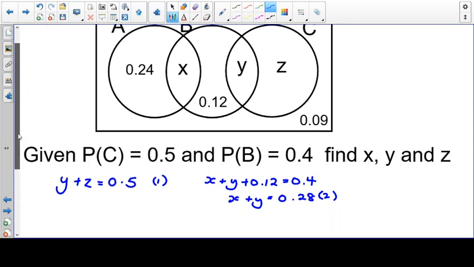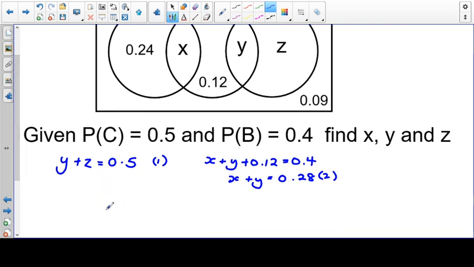However, you do know something else. These three, all of this is the union of all three events, and that must equal 0.91 because the number outside of that is 0.09. So we know that 0.24 plus x plus 0.12 plus y plus z equals 0.91.